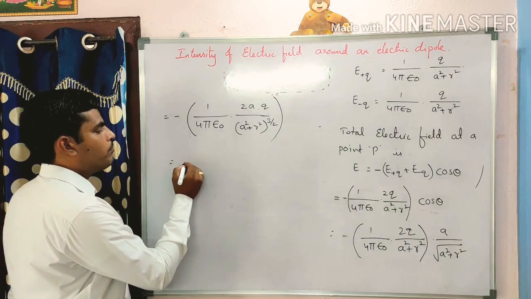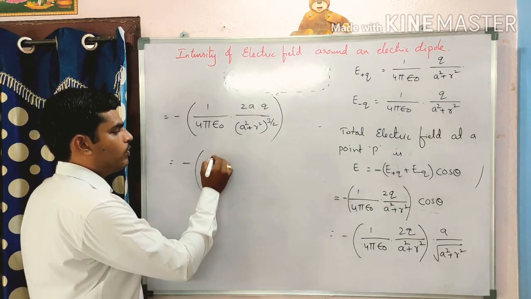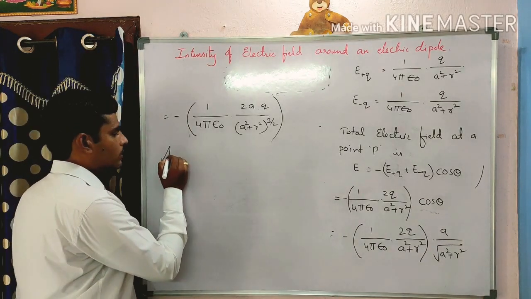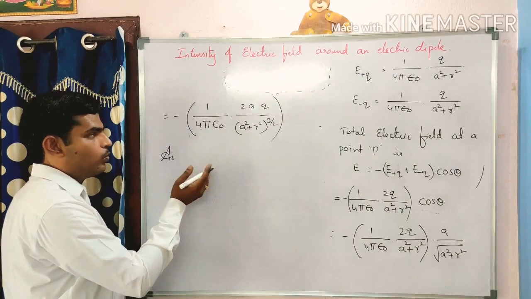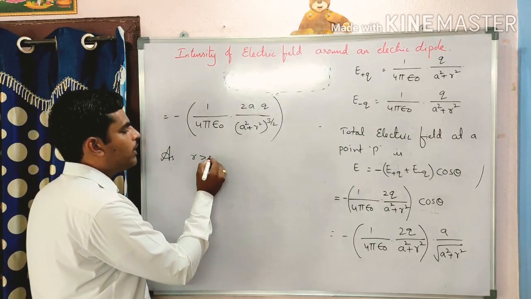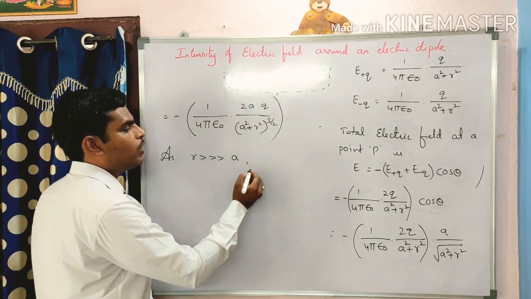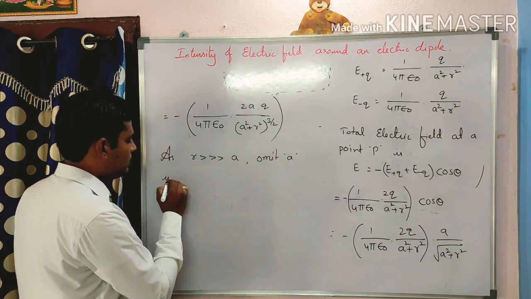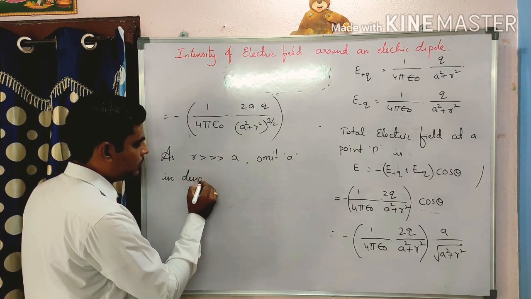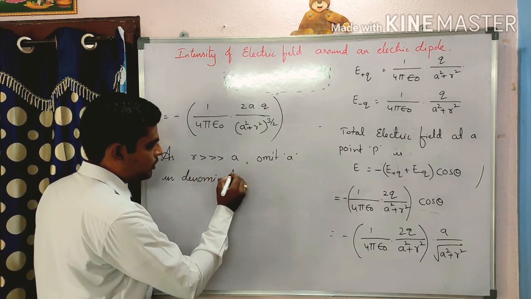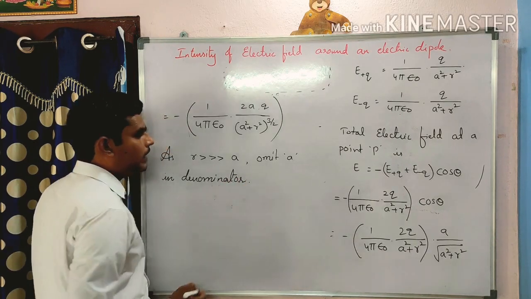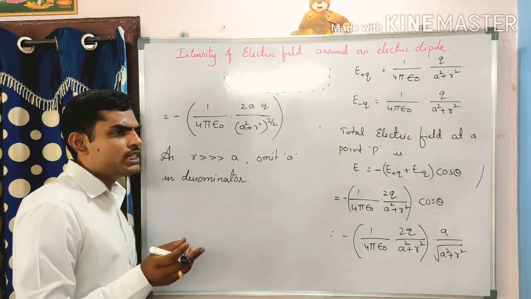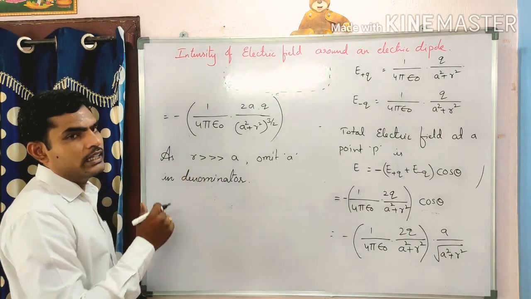Now minus of 1 by 4 pi epsilon naught. Here one more thing I will write. As we have done in our previous one, R is much greater than A, so omit A in the denominator. The A value is very small, so its effect will be less on the resultant value.